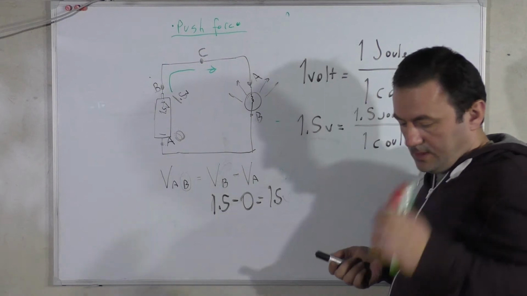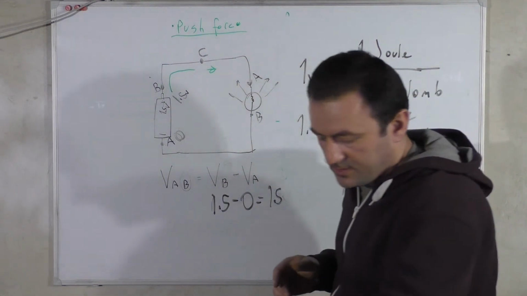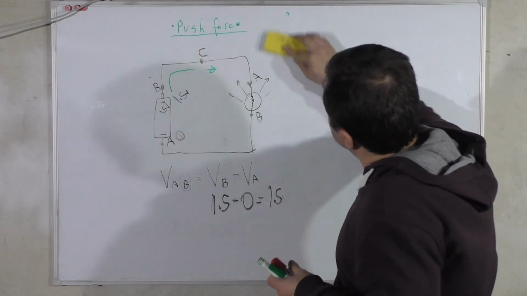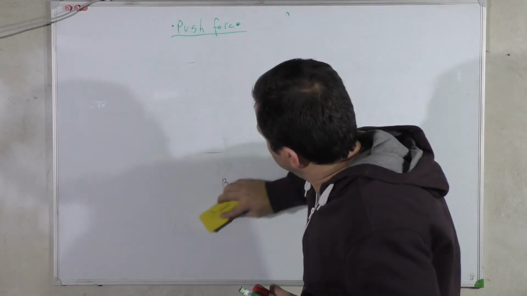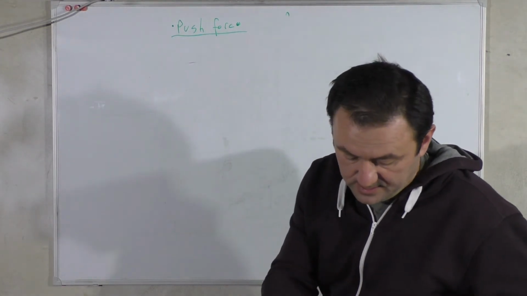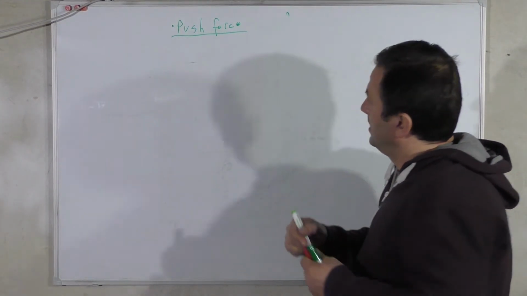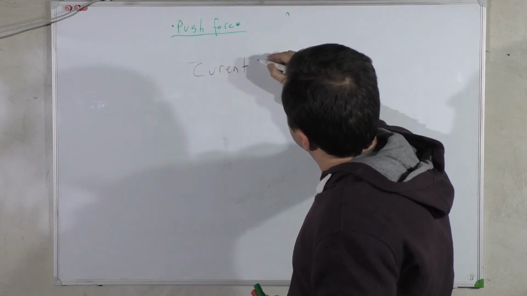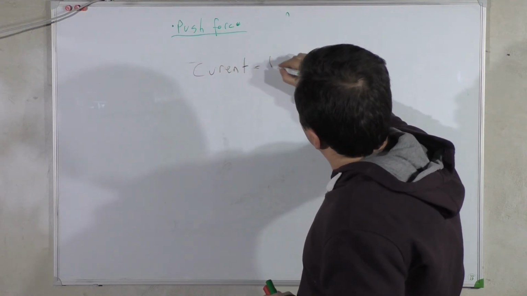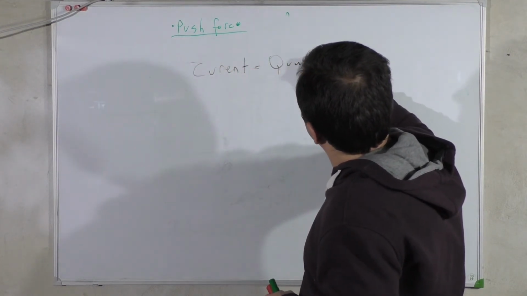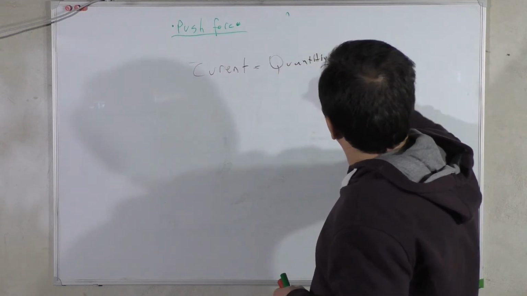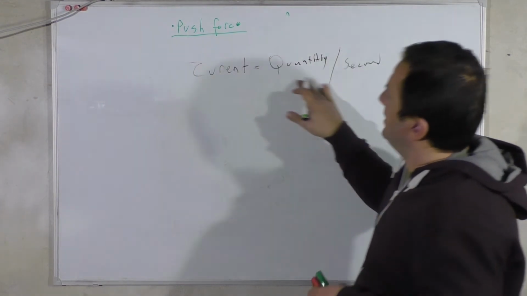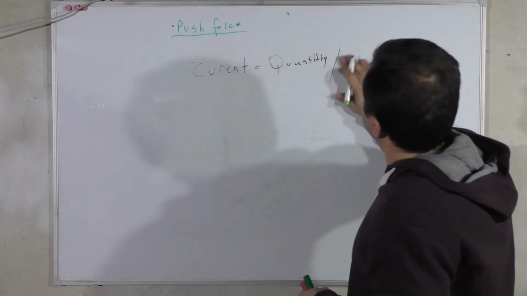So let us briefly summarize everything before the battery experiment we will do now. Current is quantity per second, like how many electrons are passing in time.